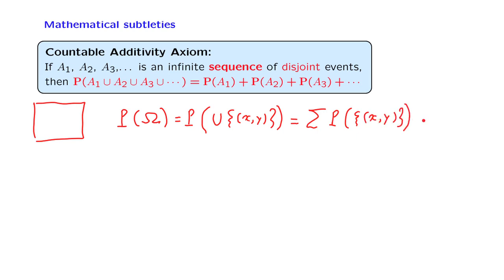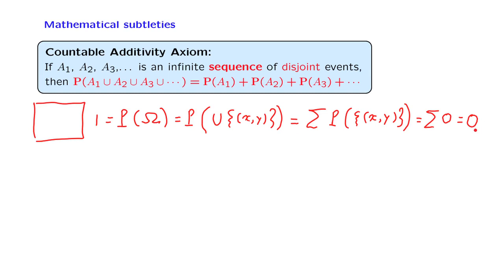Now, as we discussed before, single element subsets have zero probability, so we have a sum of lots of zeros, and the sum of zeros should be equal to 0. On the other hand, by the probability axioms, the probability of the entire sample space should be equal to 1, and so we have established that 1 is equal to 0. This looks like a paradox.